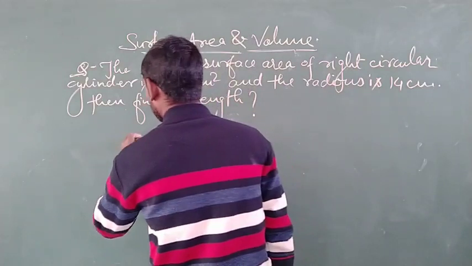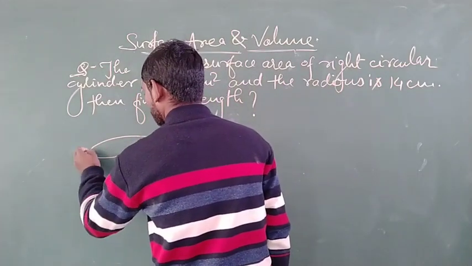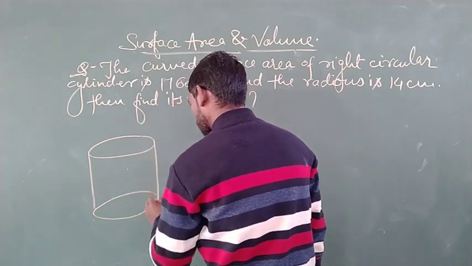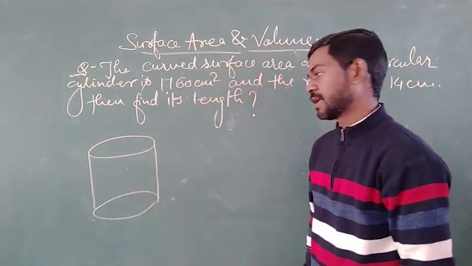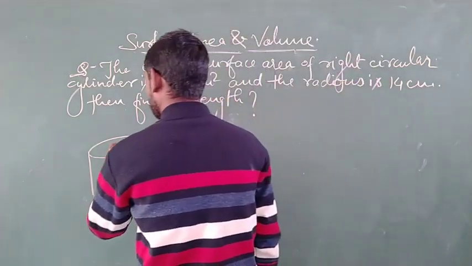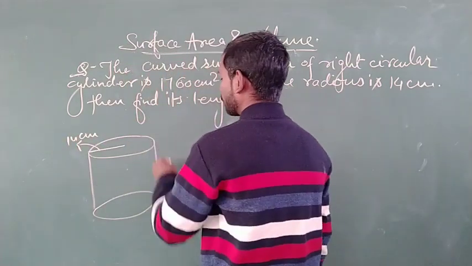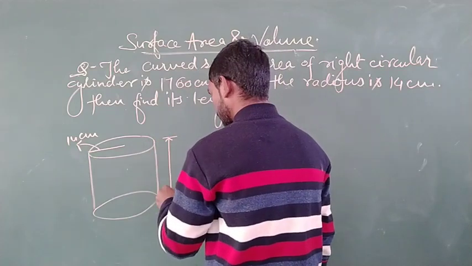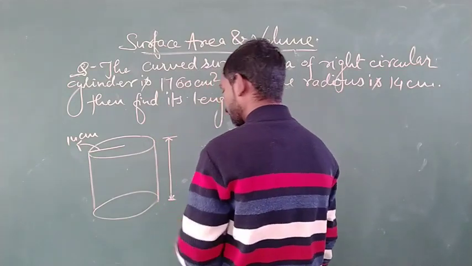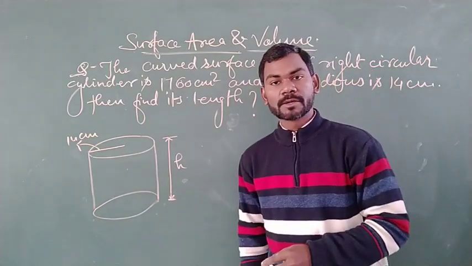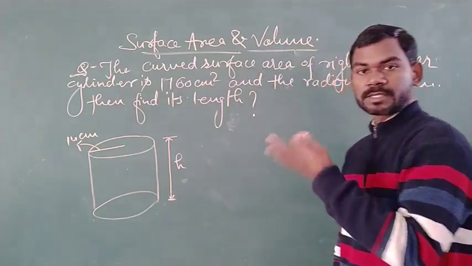So here there is a cylinder like this, and its radius is 14 centimeters. We have to find the length, in other words the height of the cylinder. I hope the question is clear.